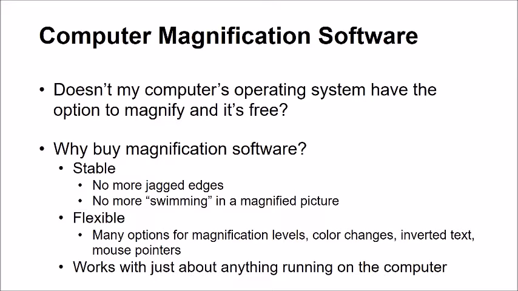The software works with just about anything that's going to be running on your computer, and sometimes that's not the case with the operating system magnifier. So there is value in having add-on screen magnification software, particularly if you're doing a lot of work on your computer.